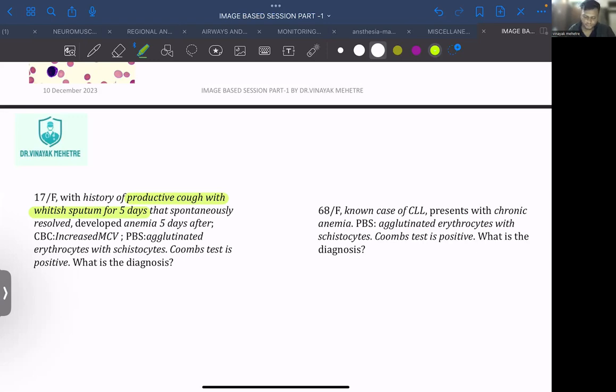Infection. In second, what we are going to see, इसमें क्या दिख रहा है हमें? इन्फेक्शन.